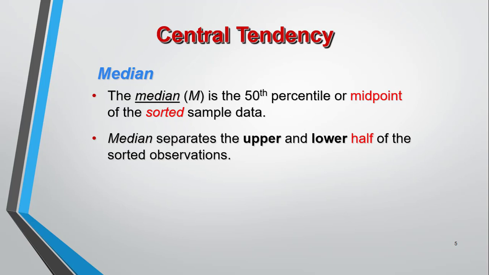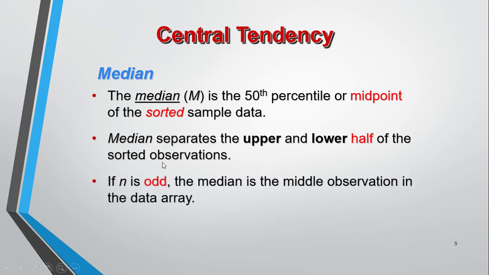If n is odd, the number of observations is an odd number, like 3, 5, 7, or 9. Let's say n is 9. Which one is the median? The fifth one.